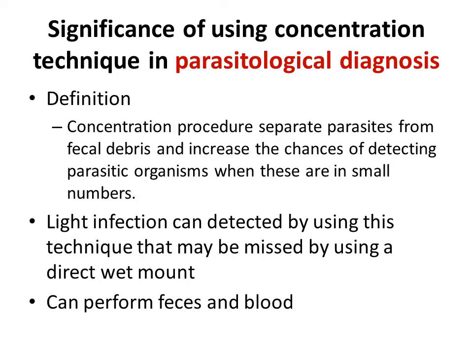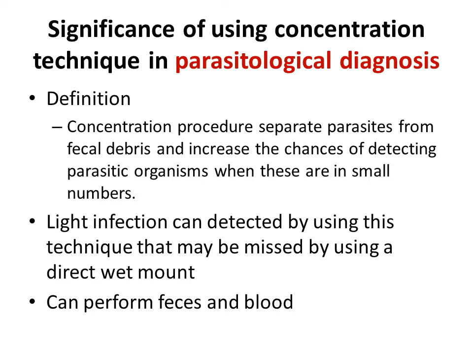If we avoid these blood constituents or fecal constituents, we can easily identify the parasitic stages. So we can differentiate species-wise, and directly go to quick treatment once we identify the species.